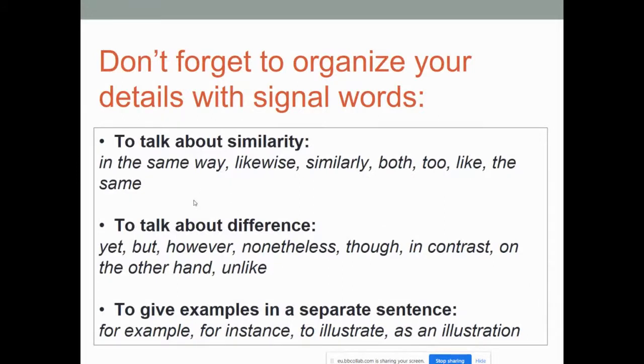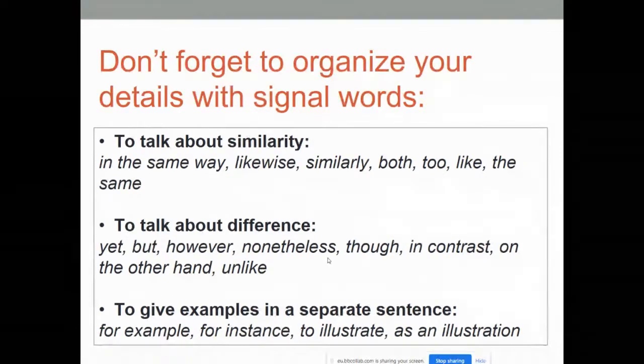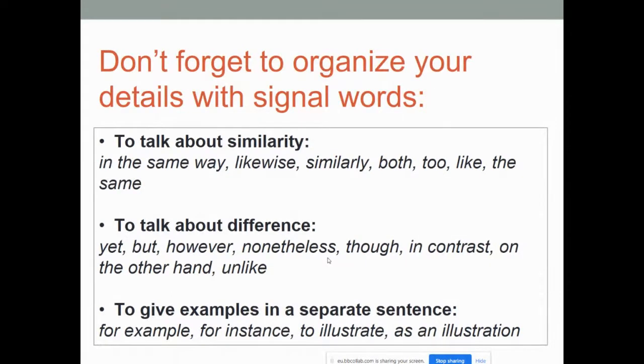But if you want to show a difference of opinion, you can say yet, but, however, nonetheless, though, in contrast, on the other hand, unlike. These are the signal words. You can even take a picture of this slide. You can take a picture of the screen and remember these signal words.